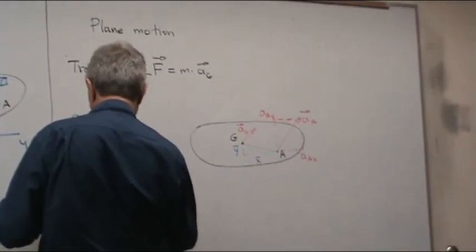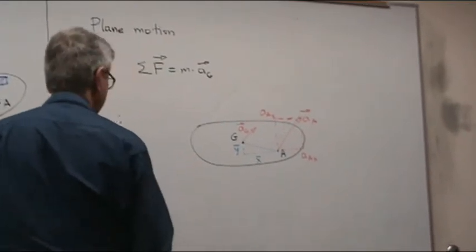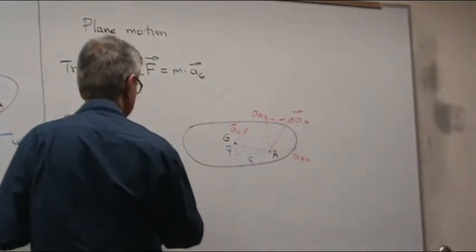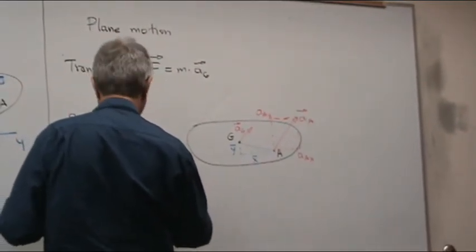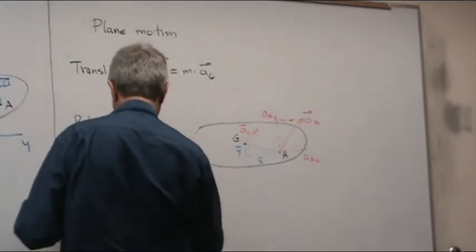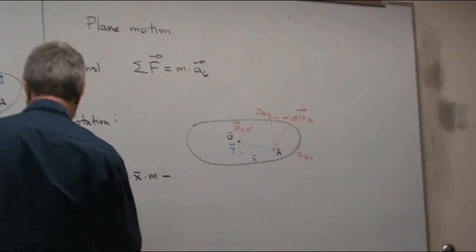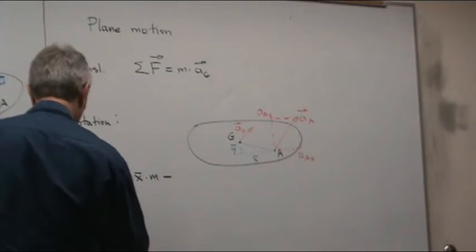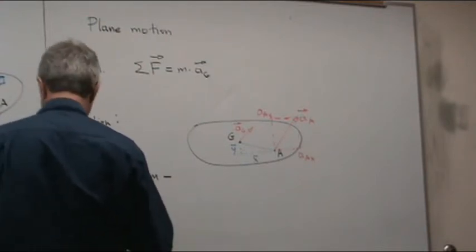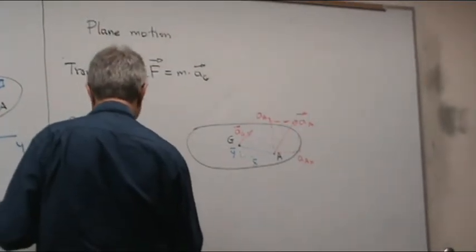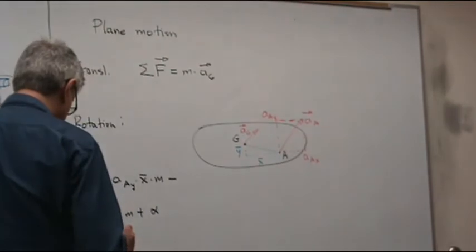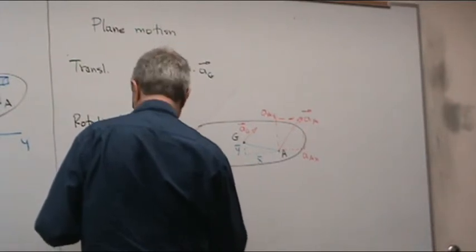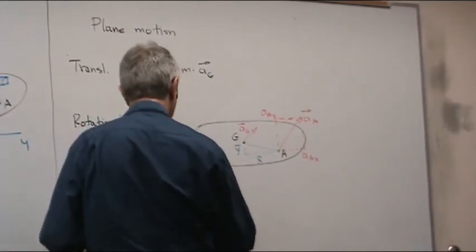We have the acceleration of A in the Y direction, times X bar, times the mass, minus AX times Y bar times M, plus angular acceleration alpha times the moment of inertia of A, okay?